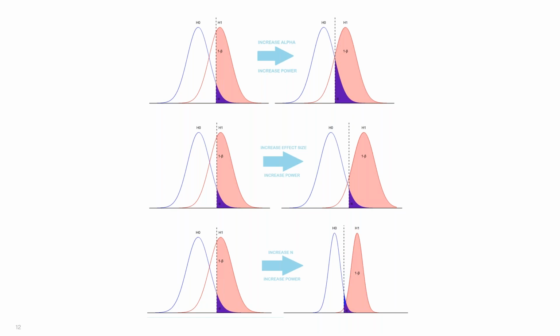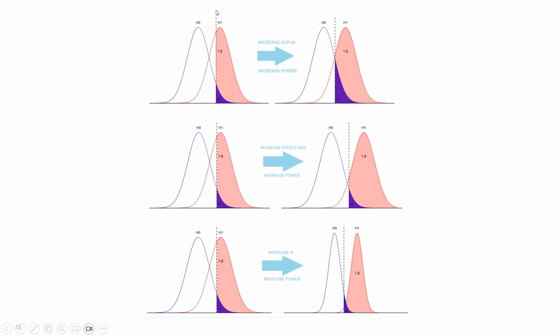And that's effectively equivalent to, if you look at this chart here, the blue line is H0, what we're going to think is going to happen under our specified null hypothesis. This is what we think is true. This is our null hypothesis. And then we have our specified alternative hypothesis, which is this red line. And you can see this dashed line here is our threshold. This is the value above which we would reject the null hypothesis.